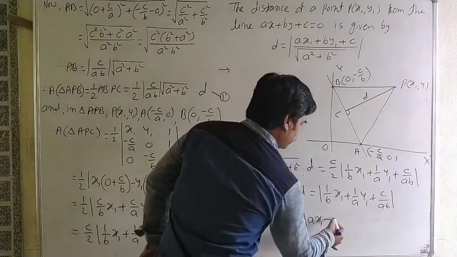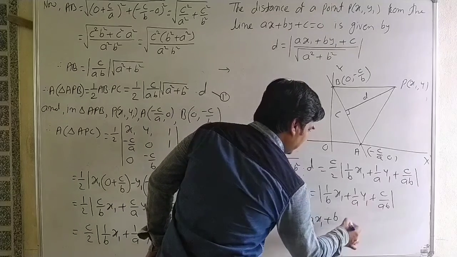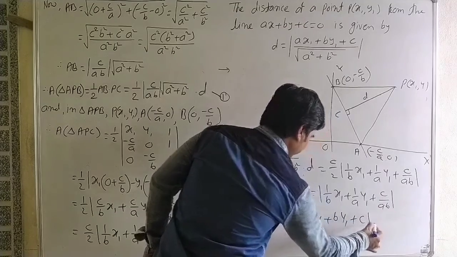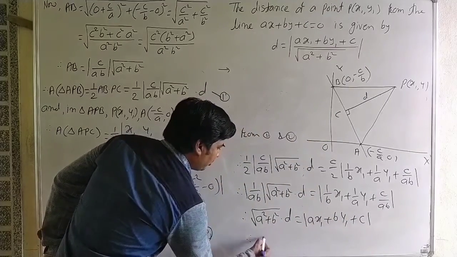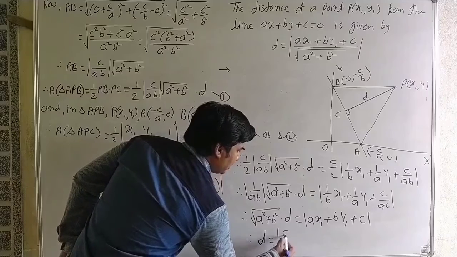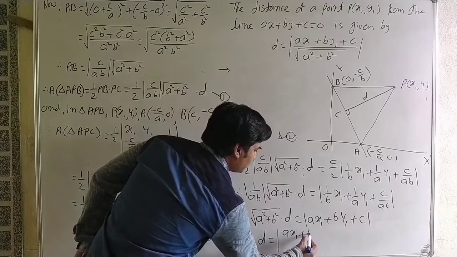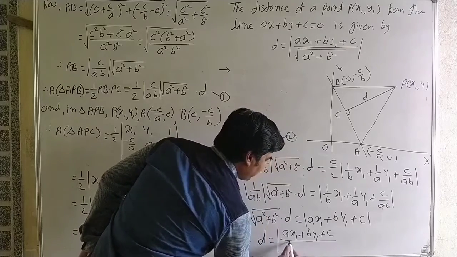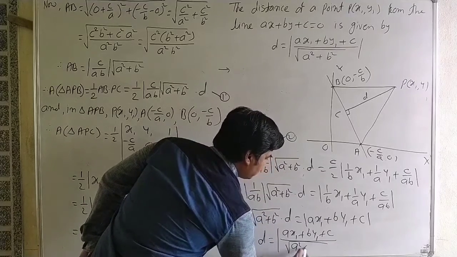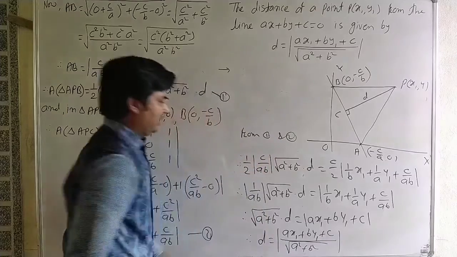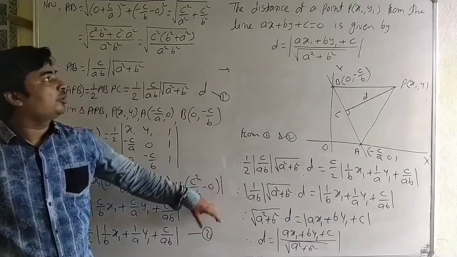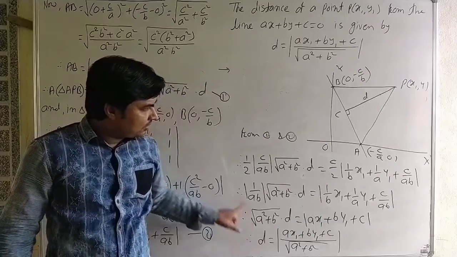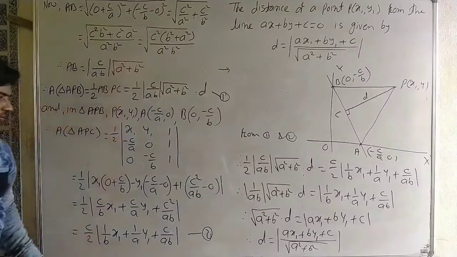Plus here a get cancelled, b y1, and here ab cancel, it is a c, and now we get the formula: ax1 plus by1 plus c upon under root of a square plus b square. It is the distance of any point from the line ax plus by plus c. Here it is the formula. Okay, see carefully all the calculation.